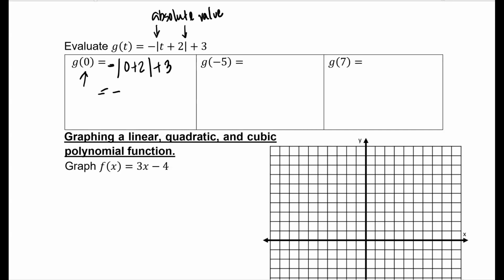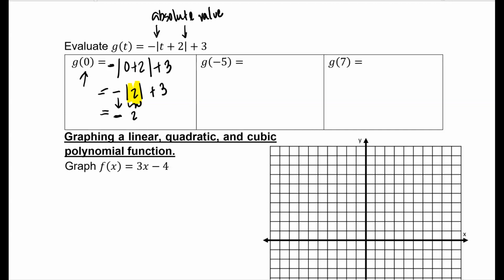So we have negative, and what's the absolute value of 2? Well, the absolute value of 2 is 2, but notice there's a negative on the outside that you have to drop down. The absolute value of 2 is 2, so that only corresponds to what's on the inside of these vertical lines, not on the outside.